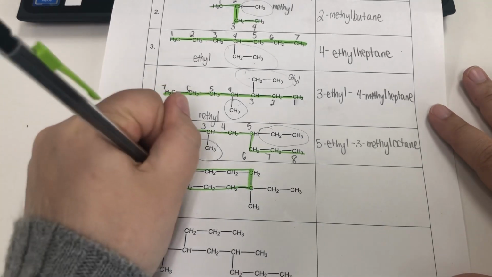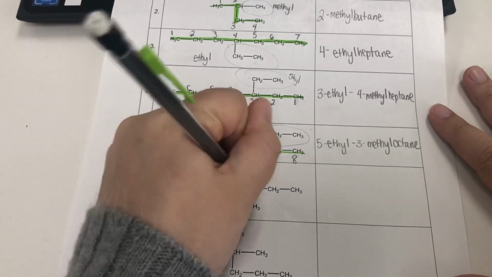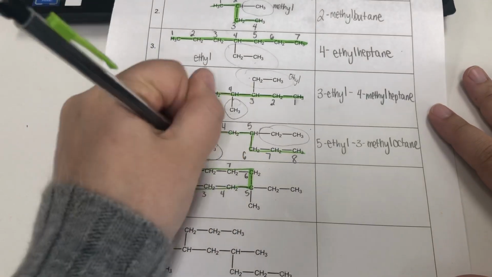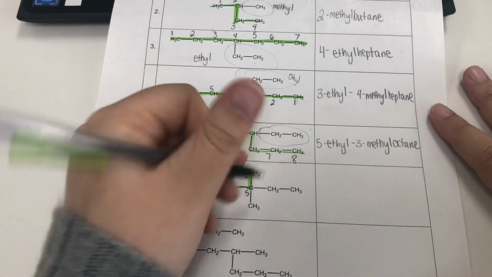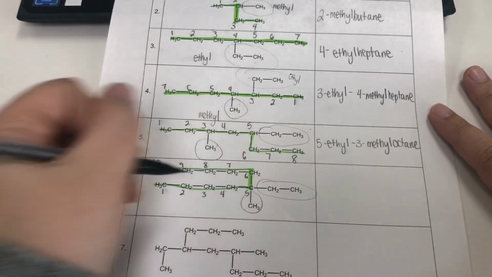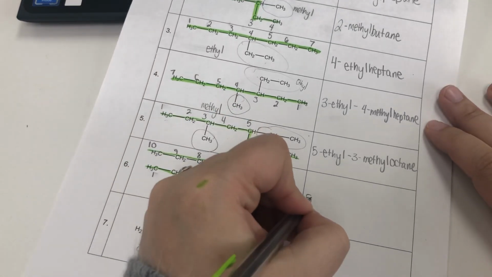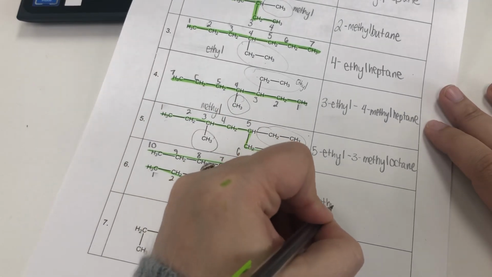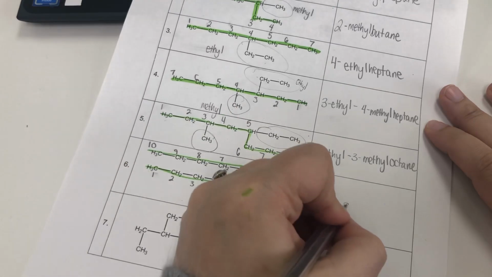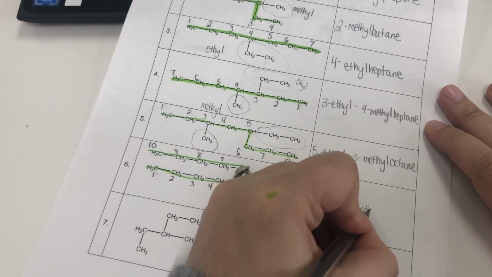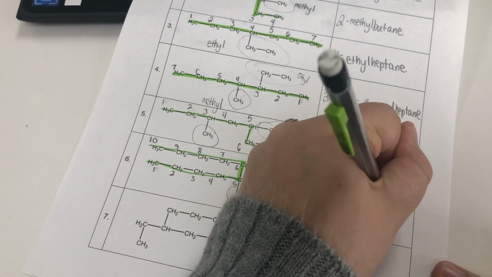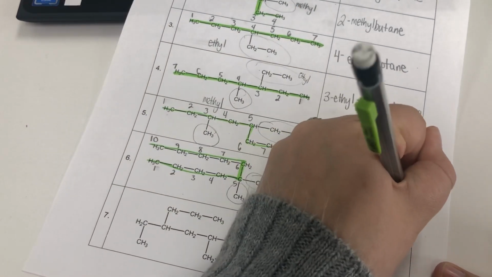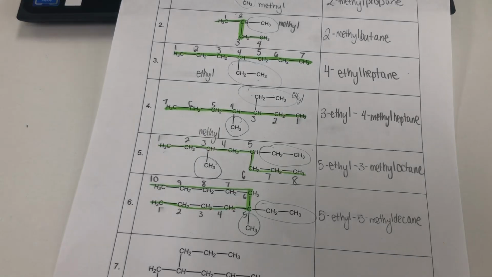I got an ethyl group and a methyl group. So I'm going to have 5-ethyl-5-methyl. The prefix for 10 is dec, and they end in ane. 5-ethyl-5-methyldecane.